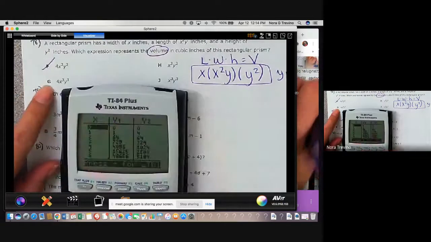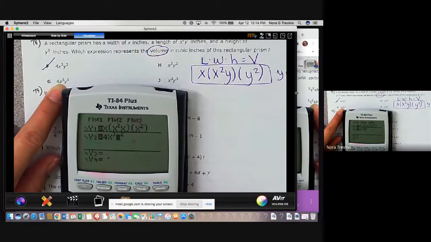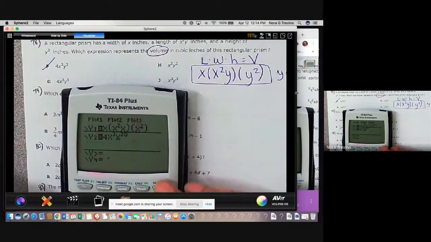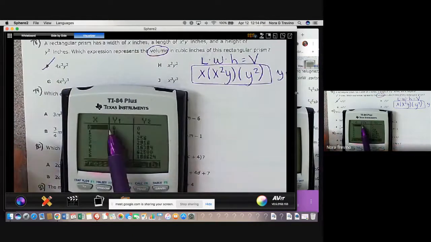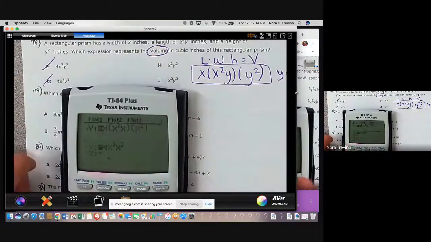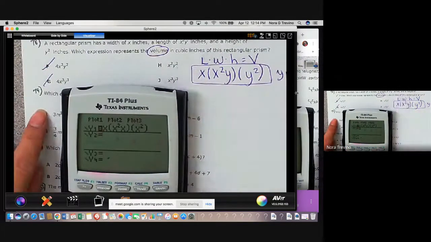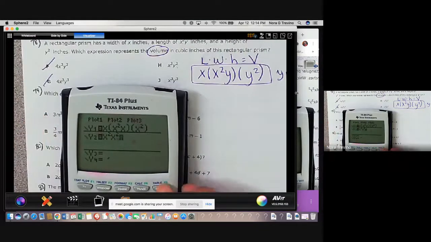It's not this one. Let me go back and change that little squared to a little 3, and this one to a little 3. Second table. Are my numbers matching? No. Let me check H. X squared, y squared, so x squared, x squared, because remember, we cannot put y's. Second table.